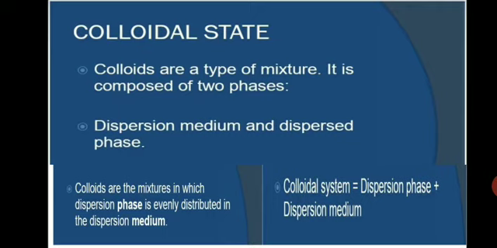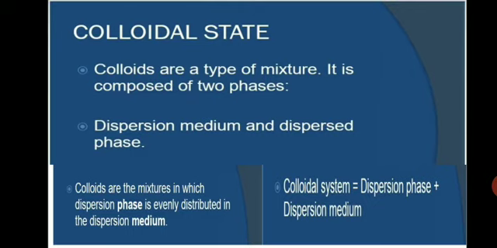They differ in the sense that in a true solution, solute and solvent are present in a single phase, but in a colloidal solution, they represent separate phases. In other words, a true solution is homogeneous, while a colloidal solution is heterogeneous in nature.